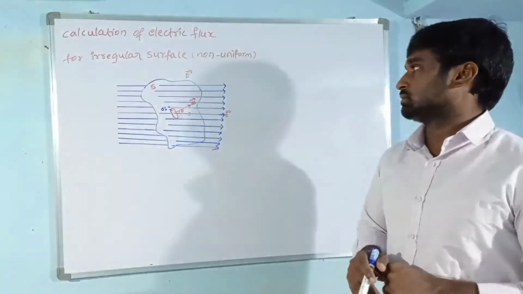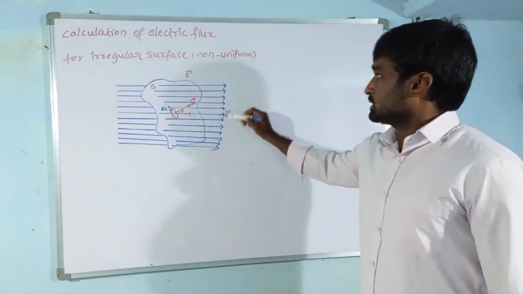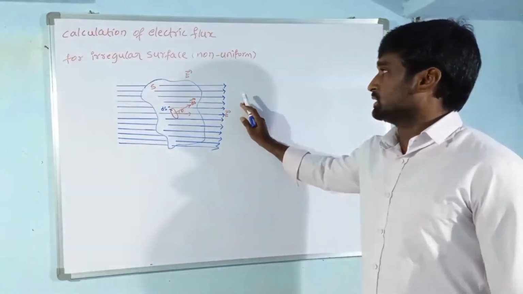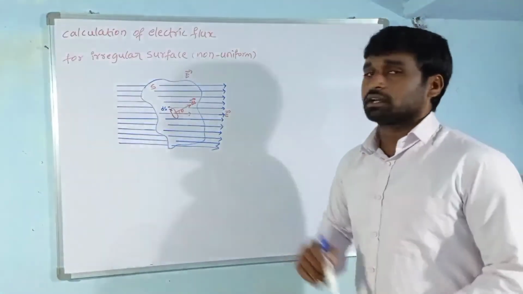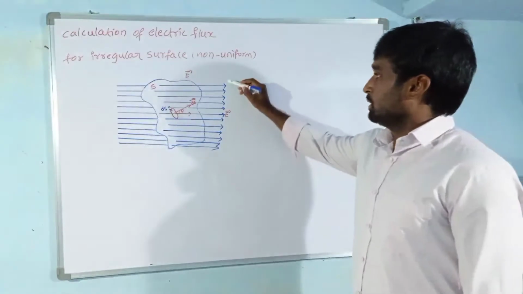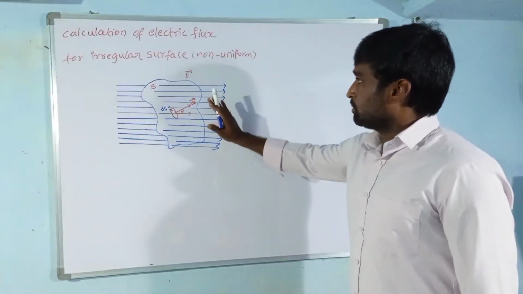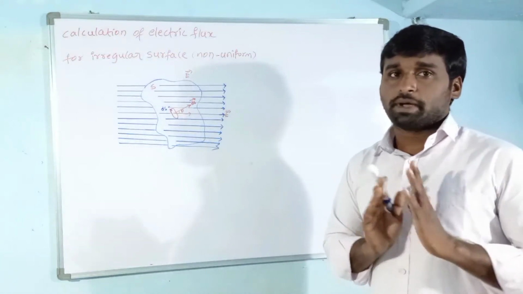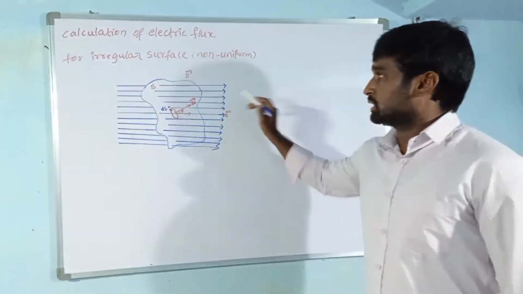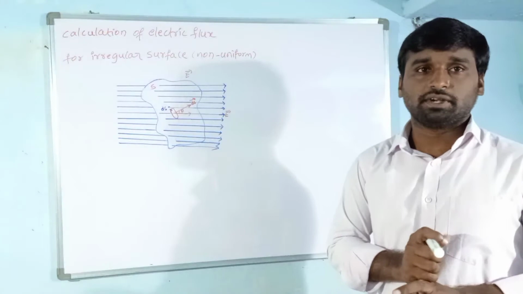Let us see that. This is a uniform electric field. How can we identify it? If you observe here, the electric field lines are parallel and equidistant, so that is said to be a uniform electric field.